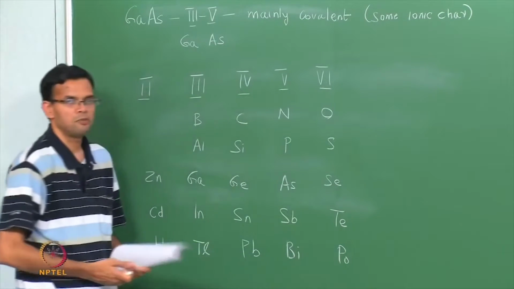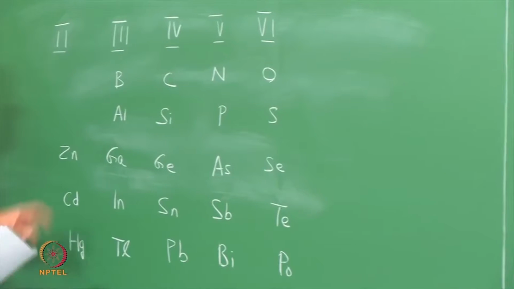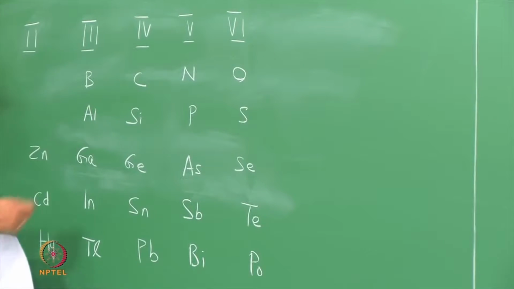So, this is just the portion of the periodic table around groups 3 and 5.